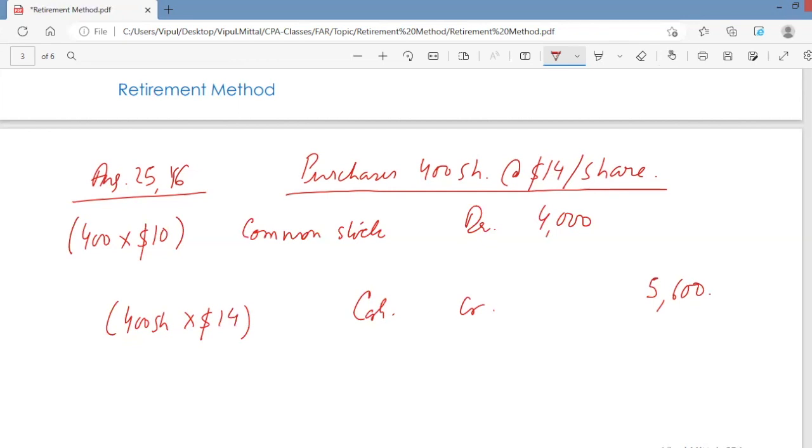You have two options here. You can transfer the entire loss to retained earnings. All right. So option one, transfer the entire loss to retained earnings. Plug figure.